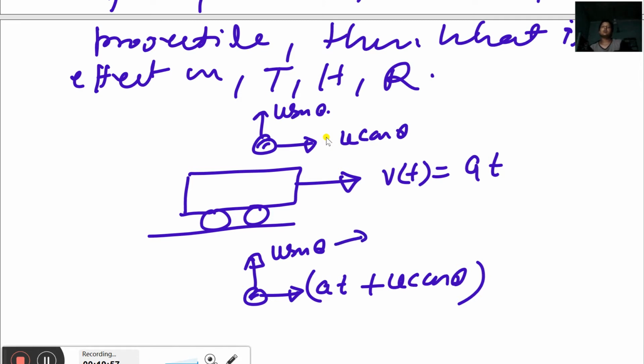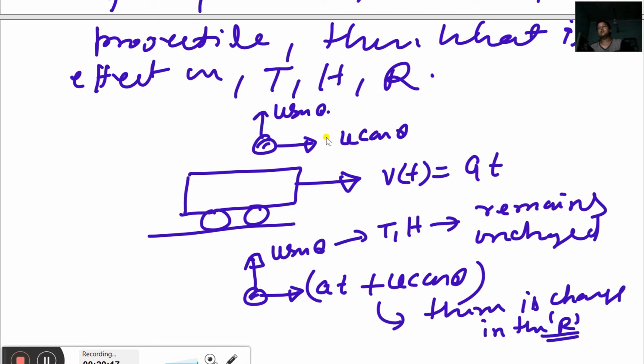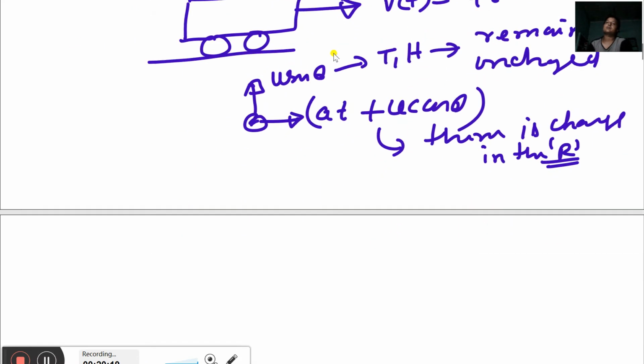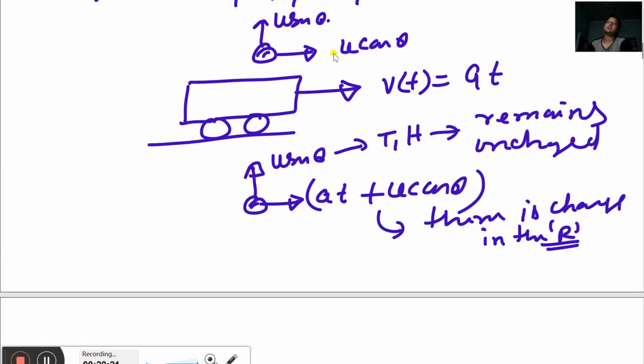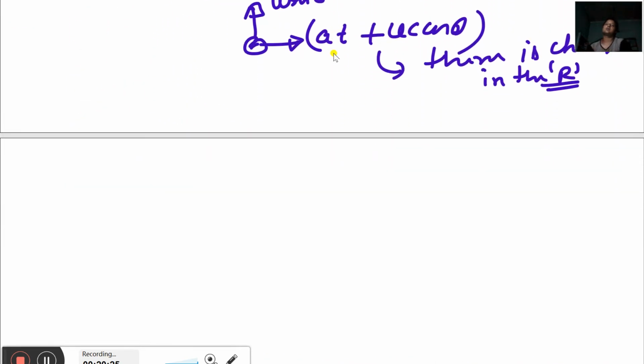So time of flight and greatest height remain unchanged, and there is change in the range. What will be the range?